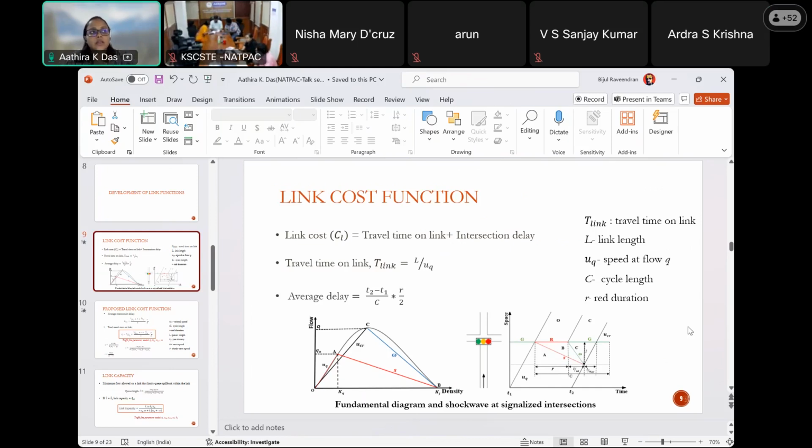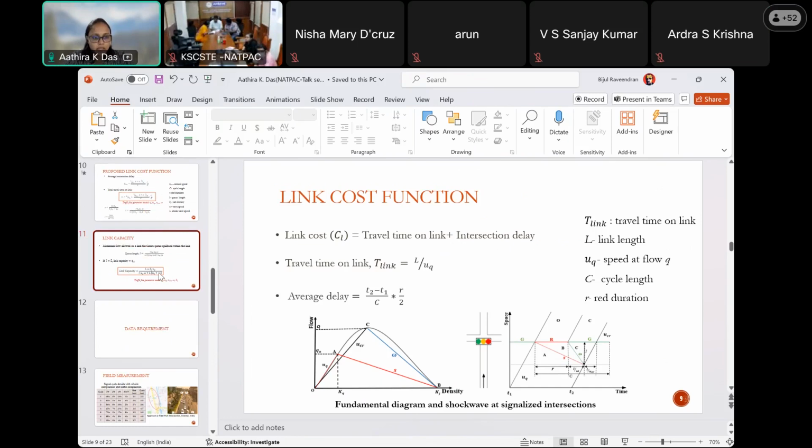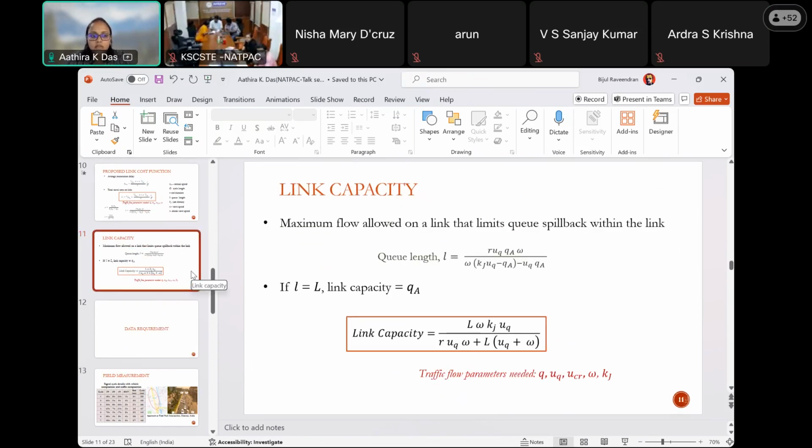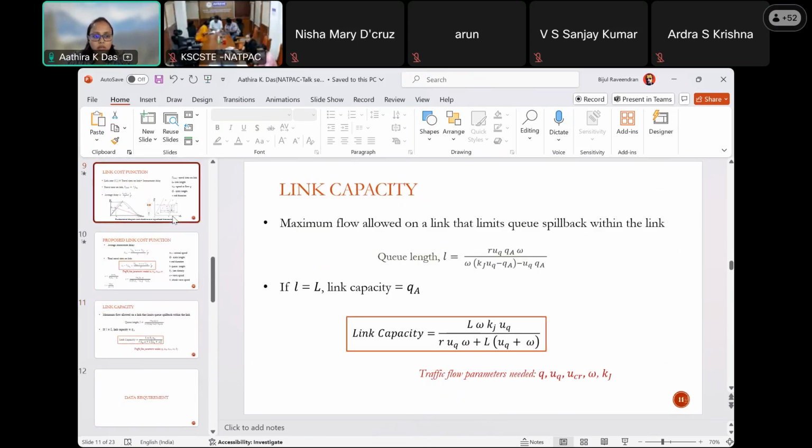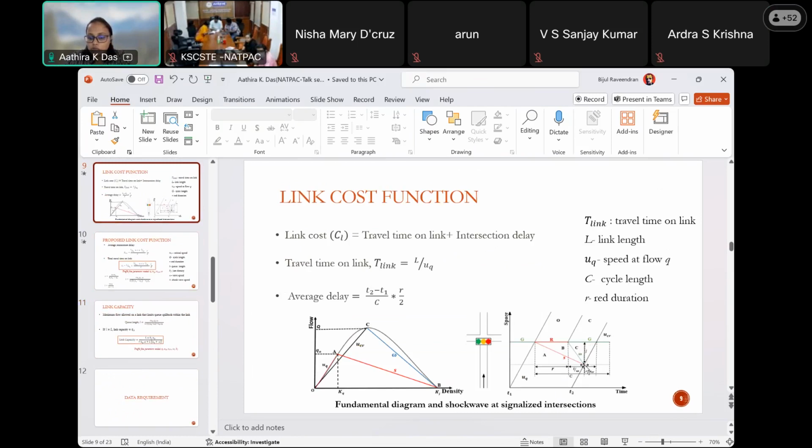Here, in the link capacity, what we have derived is based on the concept that the queue on a link should not go beyond the length of the link. The maximum queue allowed will be equal to the length of the link, that is, there will be no spillback. This way we define the capacity.